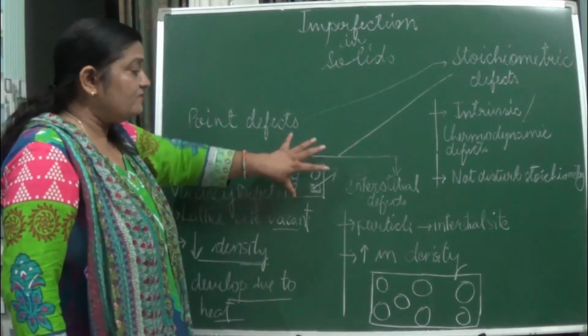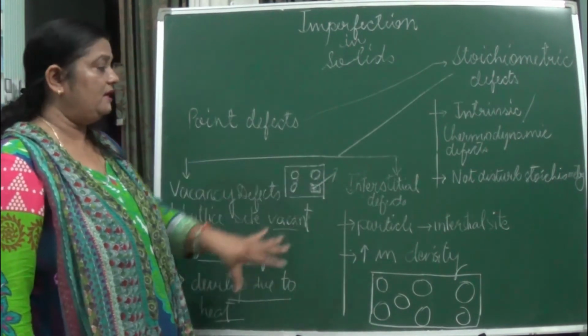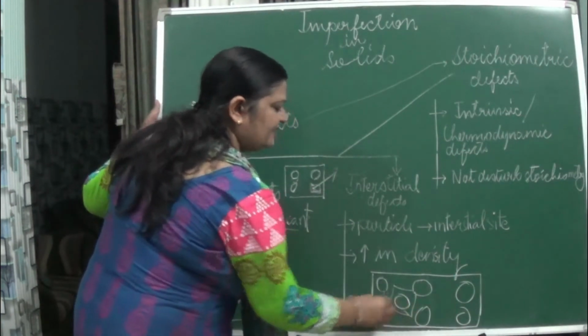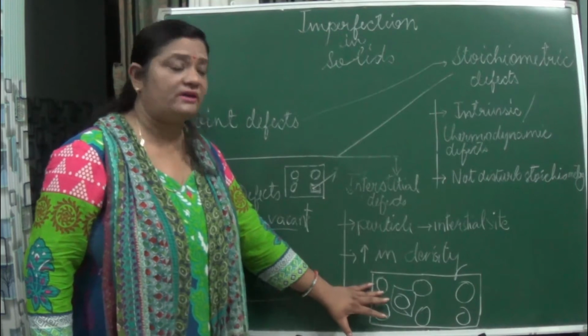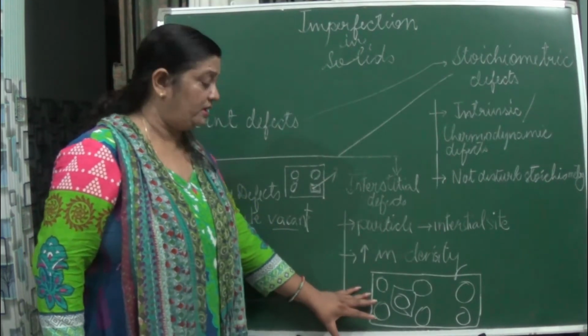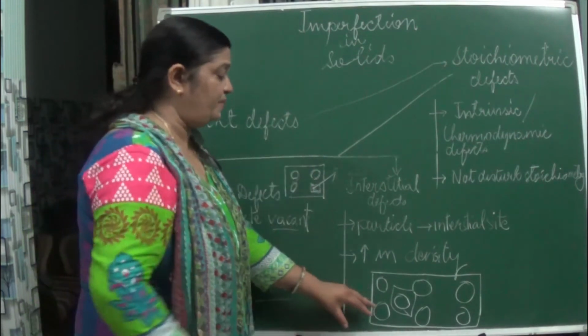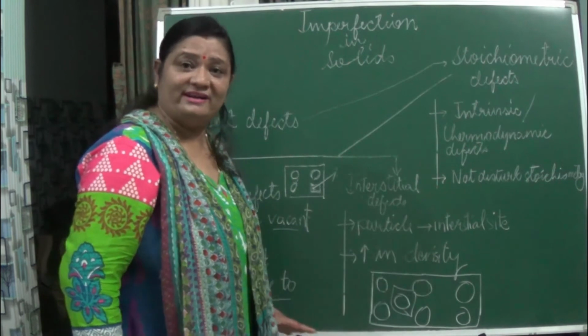Okay. Now, the interstitial defect. Here we have seen the vacancy defect, where the particle is missing, but here one more particle adds up in the interstitial site. Here also the composition is not affected, the arrangement is not affected, but one additional particle comes and takes over the space where it is empty so that it can accommodate inside it.